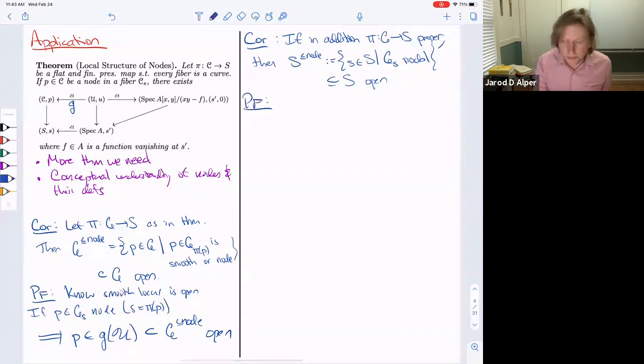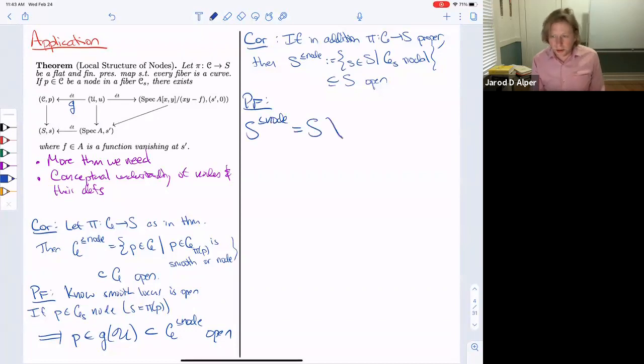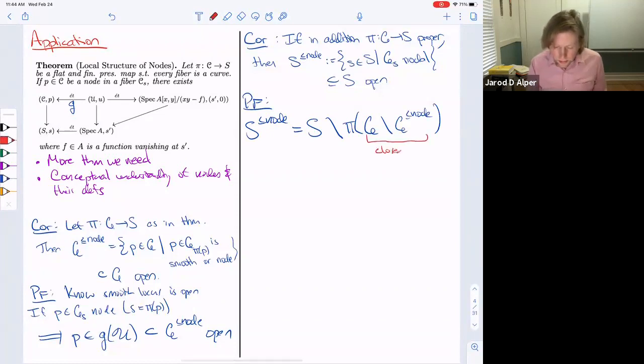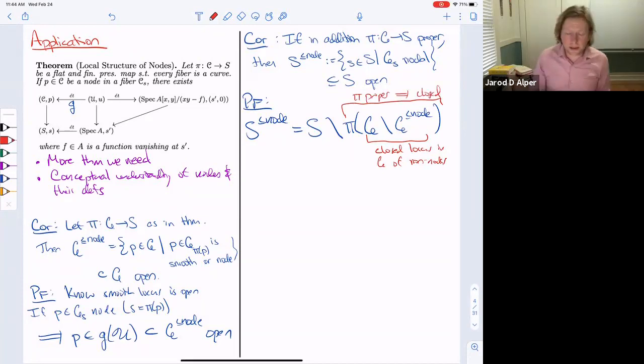And this follows formally from the last one: this nodal locus is identified with the complement of the non-nodal locus, and this is the image of this locus here. So this here is the closed locus in C of non-nodes. And then because pi is proper, this is also closed. Yeah, and that's it.